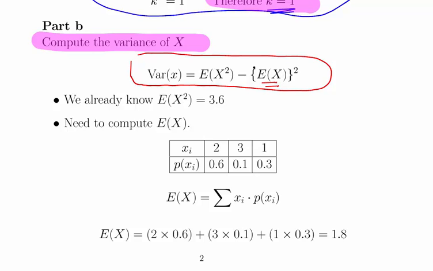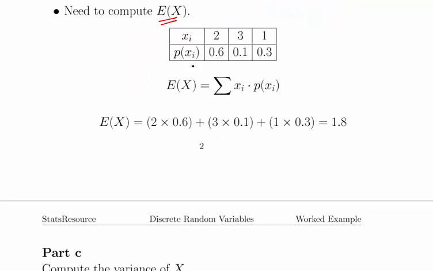So just notice the brackets there. We already know that the expected value of X squared is 3.6. So what we have to do is compute the expected value of X, the mean of X. This should be straightforward enough now.